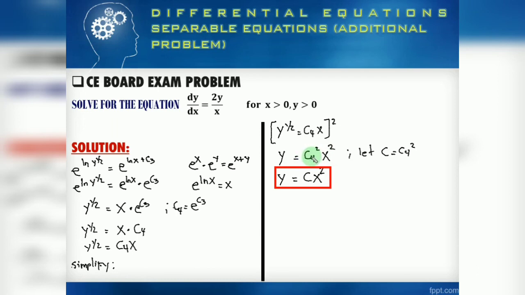So you will have a numerical value of this c if ever you have a specific value of x and y. Okay, so this is now the solution for this given equation, dy over dx is equal to 2y over x, where we have this condition that x must be greater than 0 and y also must be greater than 0, so that we can solve this given equation.